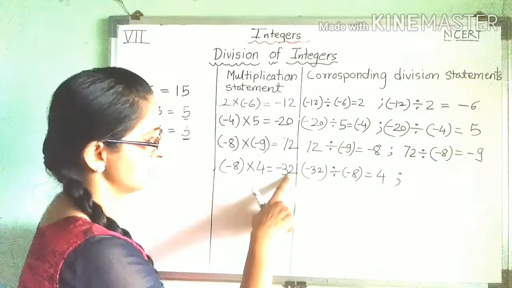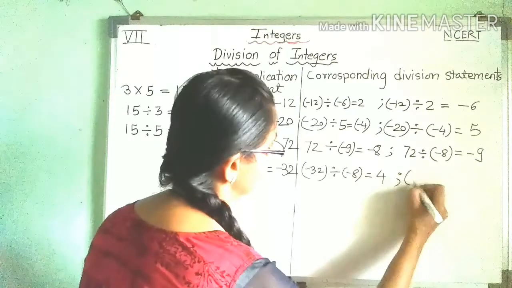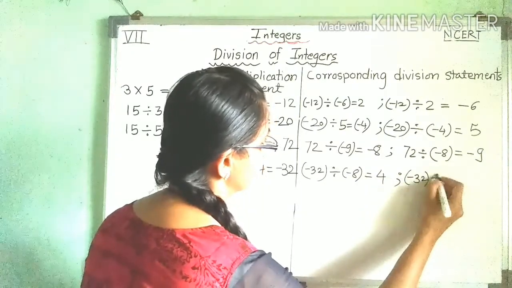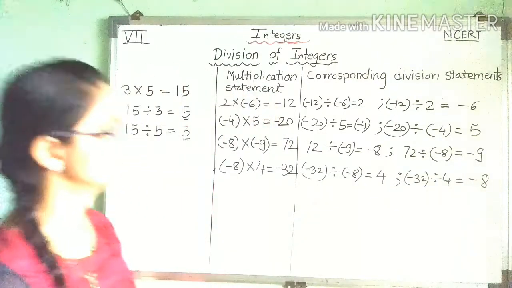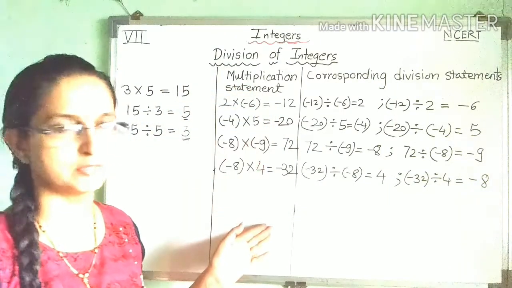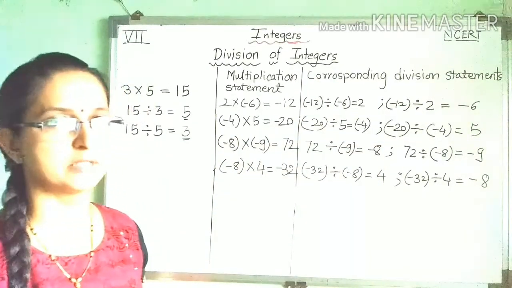Again, minus 32 divided by 4, it gives minus 8. So for each multiplication statement, there are two corresponding division statements.